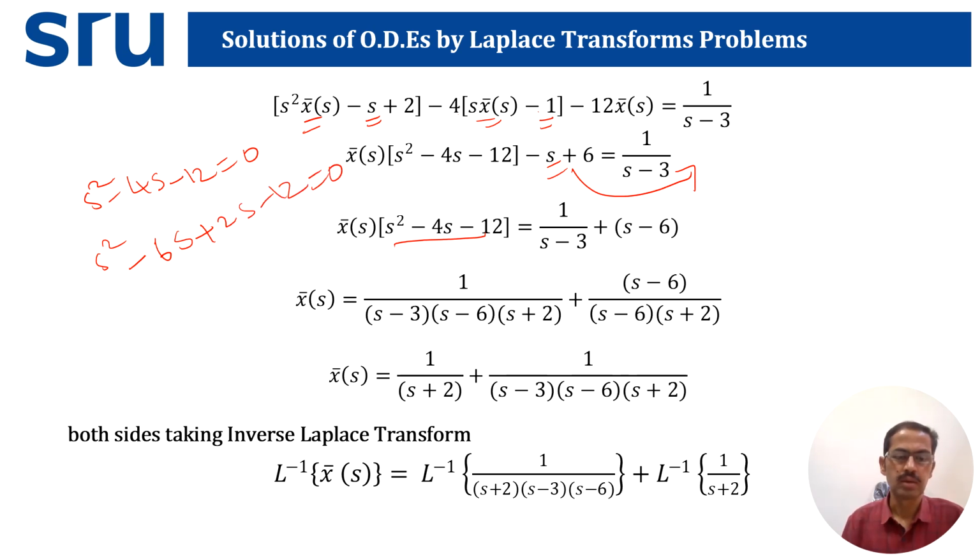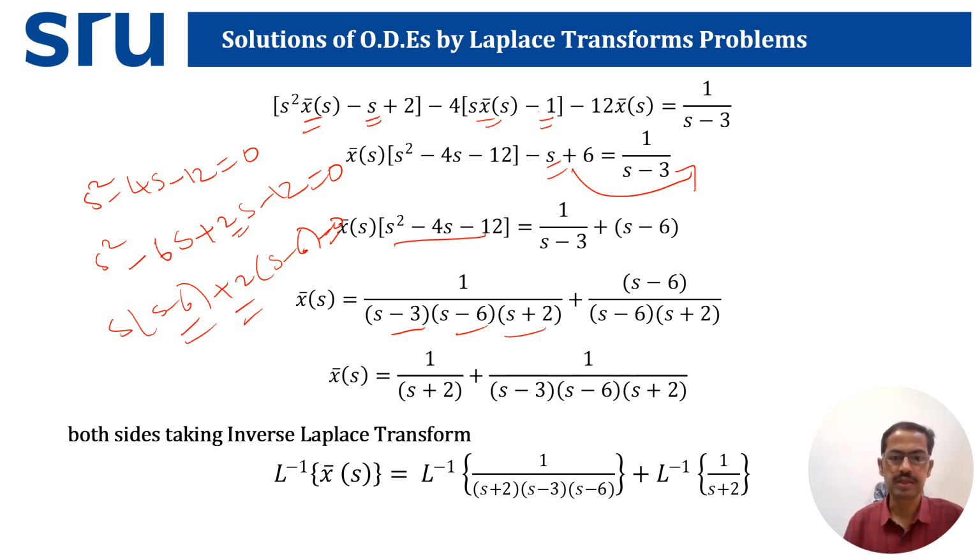Is it right? Minus 6 plus 2 is minus 4, and minus 6 into plus 2 is minus 12. So s common, s minus 6, plus 2 common, s minus 6 equal to 0. So s minus 6 and s plus 2 are the roots.